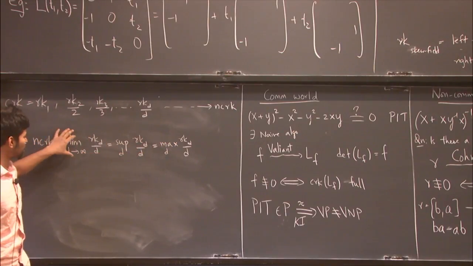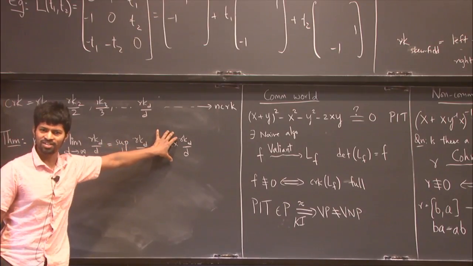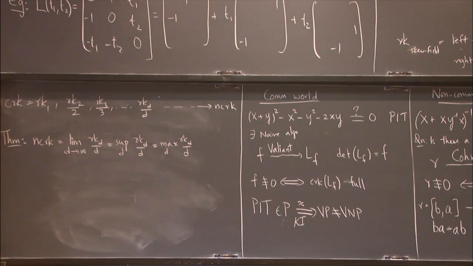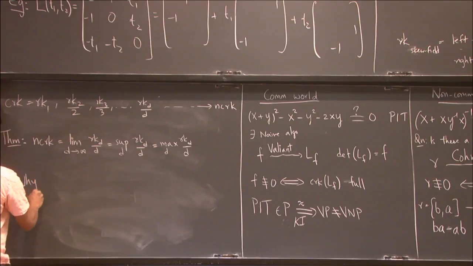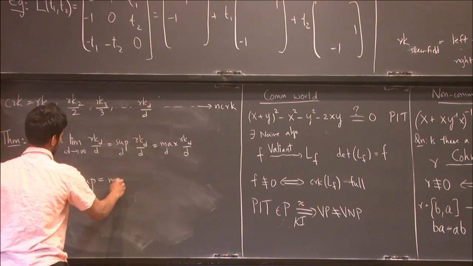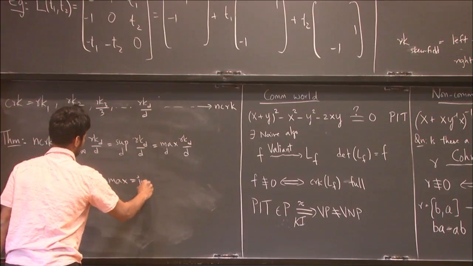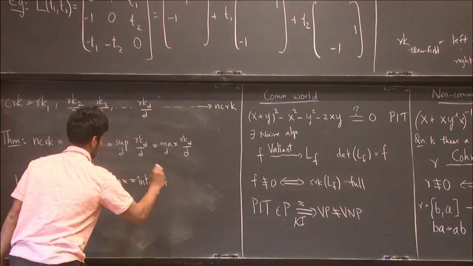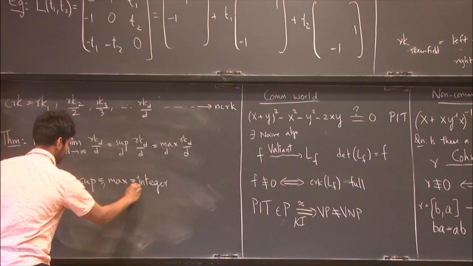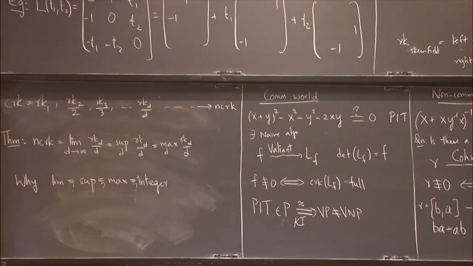And also, why is lim equal to sup equal to max? There's a bunch of slightly weird things going on here, and we need to know how to fix it. I'm just going to say: why lim equal to sup equal to max equal to integer? Somehow all of them are actually question marks. You need to know something before you can say these things are the same.